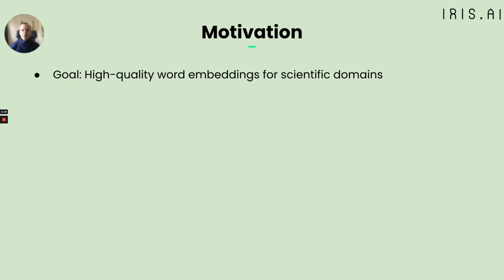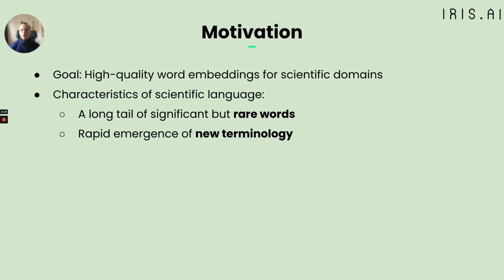First things first, our goal is to obtain high-quality word embeddings. Specifically, we are interested in word embeddings for the scientific domain. Often when training embeddings, there are important words in the scientific domain for which it is important to obtain good embeddings.